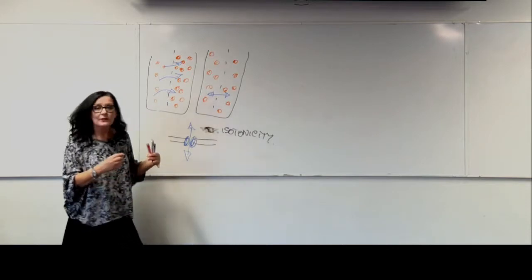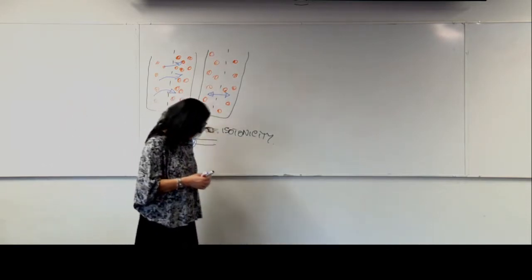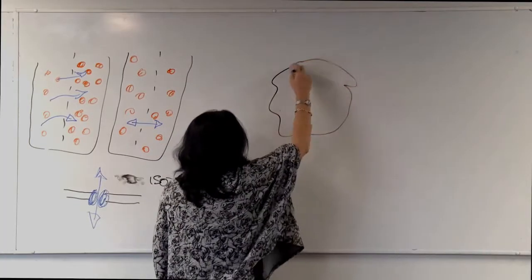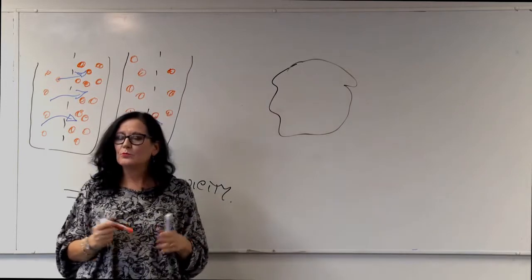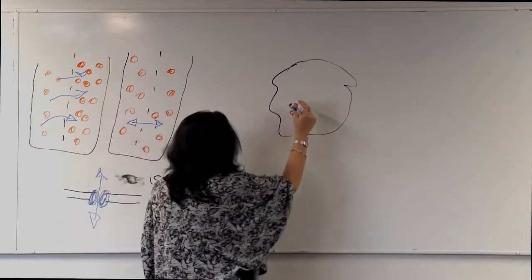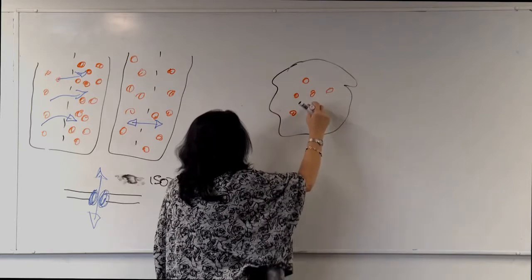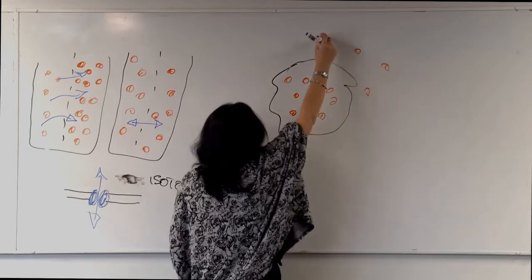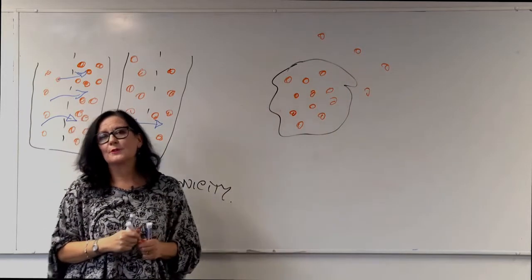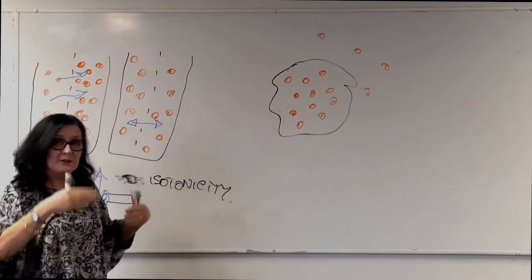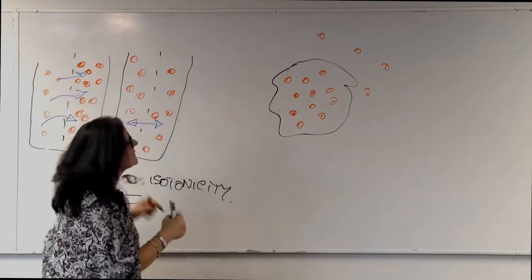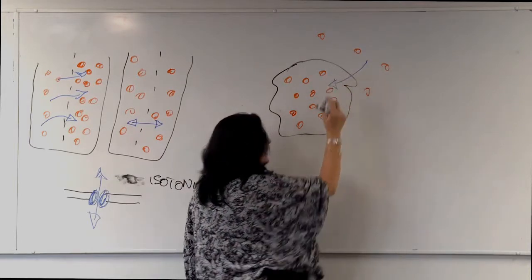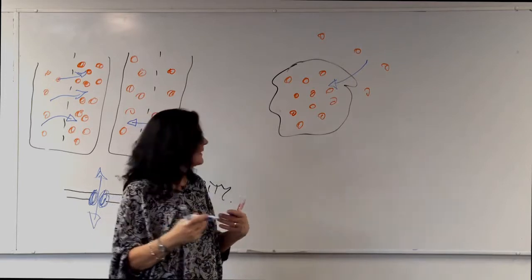Okay, so let's look at what happens in cells when we change that. If I have a cell, and if I have more solutes within the cell than outside, so we'll just have a couple outside, just for good measure. Which way is water going to move? Yep, it's going to want to dilute, remember, like our glass. It's going to want to move into the cell from the extracellular compartment to the intracellular compartment.